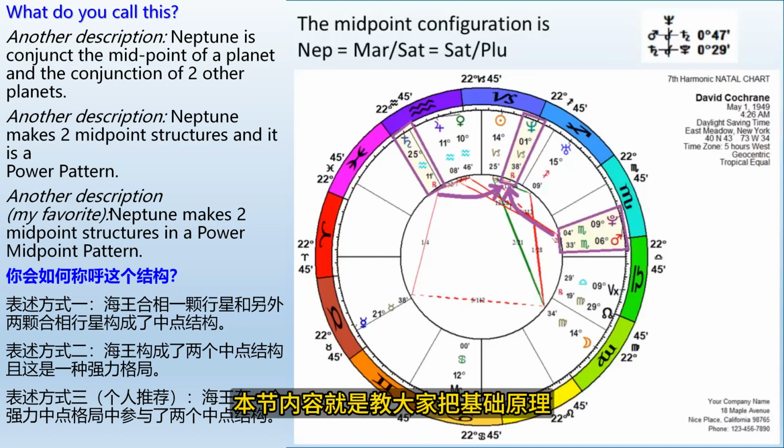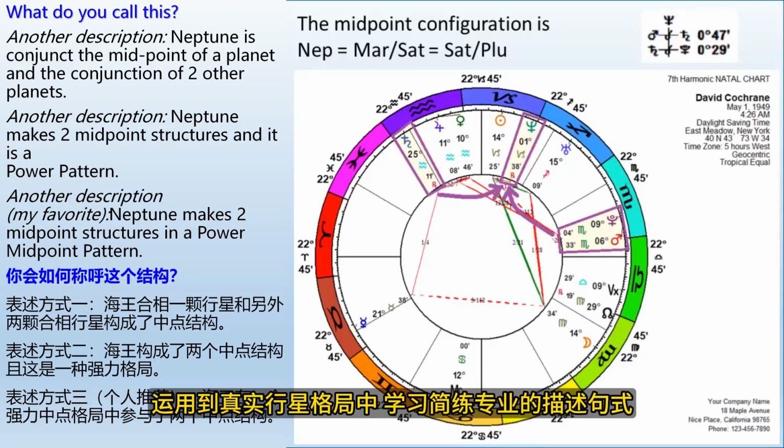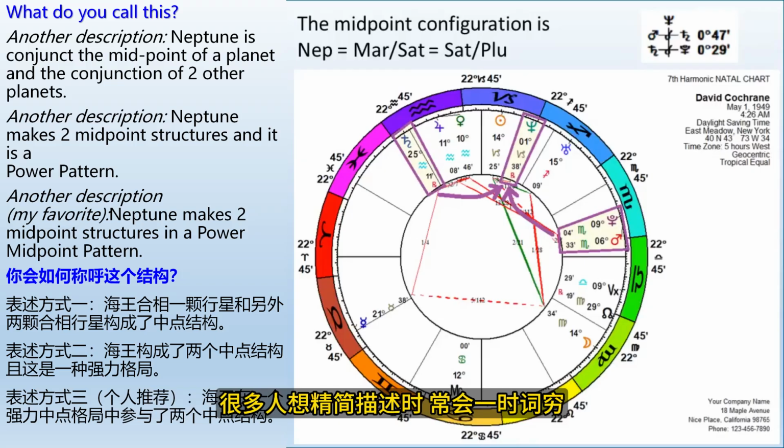You're assuming the listener understands VA. So what we're talking about here is applying these basic principles in actual planetary configurations, which can still leave you a little bit tongue-tied if you want to describe it in a concise way. What most people do is they don't even use this terminology. They just say Neptune is conjunct the Mars-Saturn midpoint, and they would typically reverse the Pluto-Saturn so that you get the Saturn emphasis.